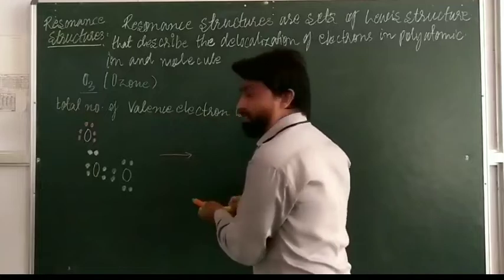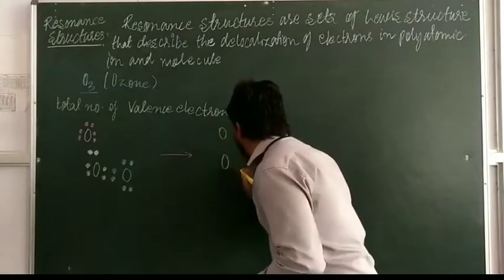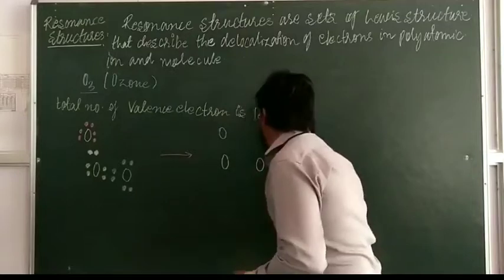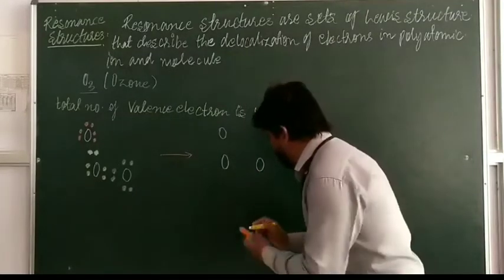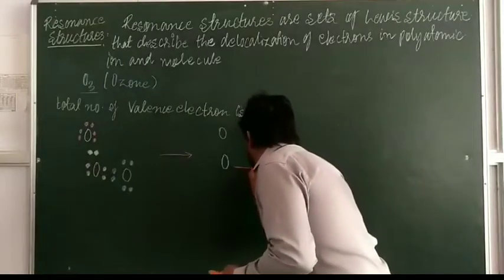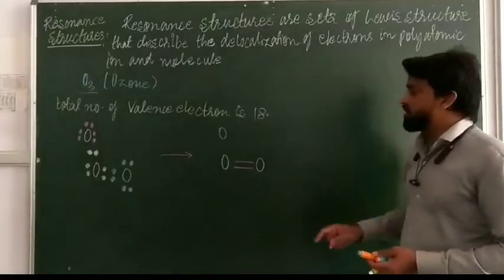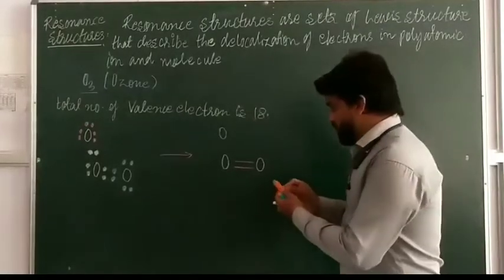This is the central oxygen atom, and these are the side atoms, first and third. By sharing 2 electron pairs, they will form a double covalent bond.